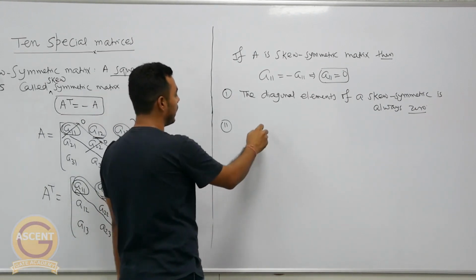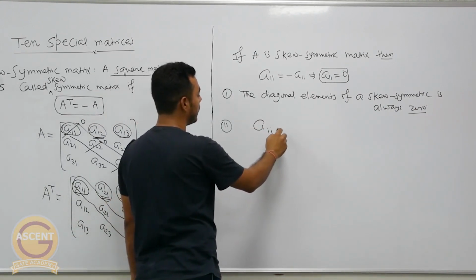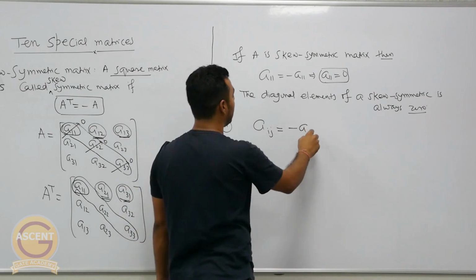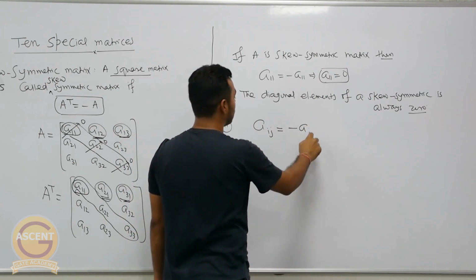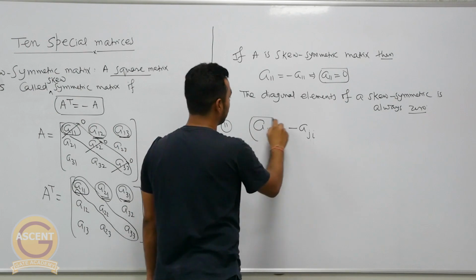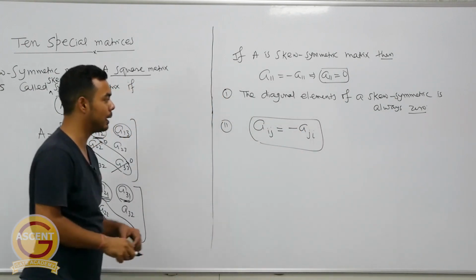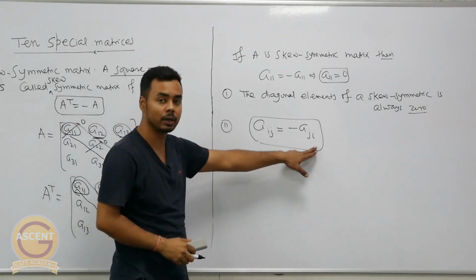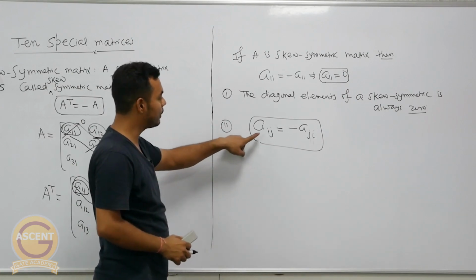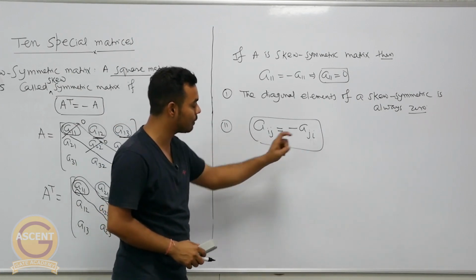So we can write the second definition of a skew symmetric matrix, that Aij is negative of Aji. In case of symmetric matrix, Aij was equal to Aji. In case of a skew symmetric matrix, Aij is negative of Aji.